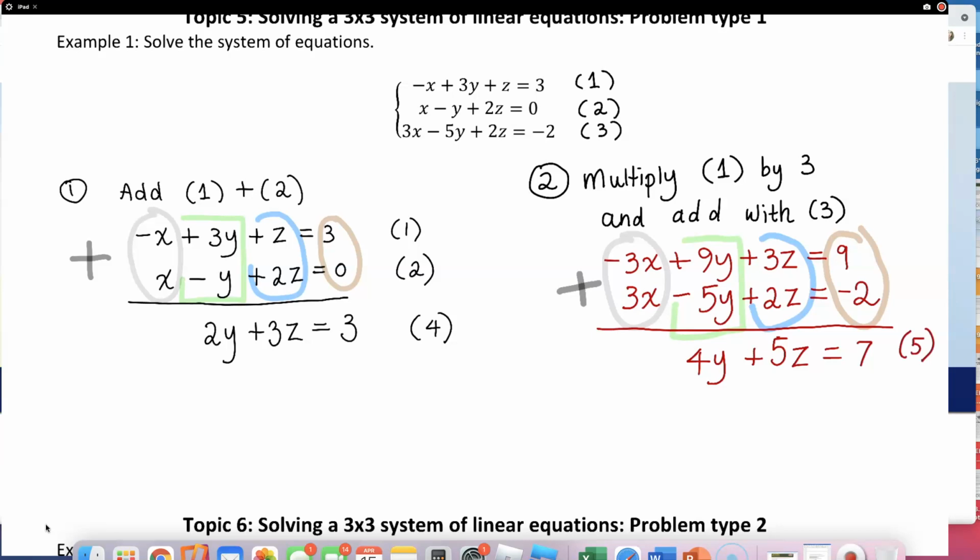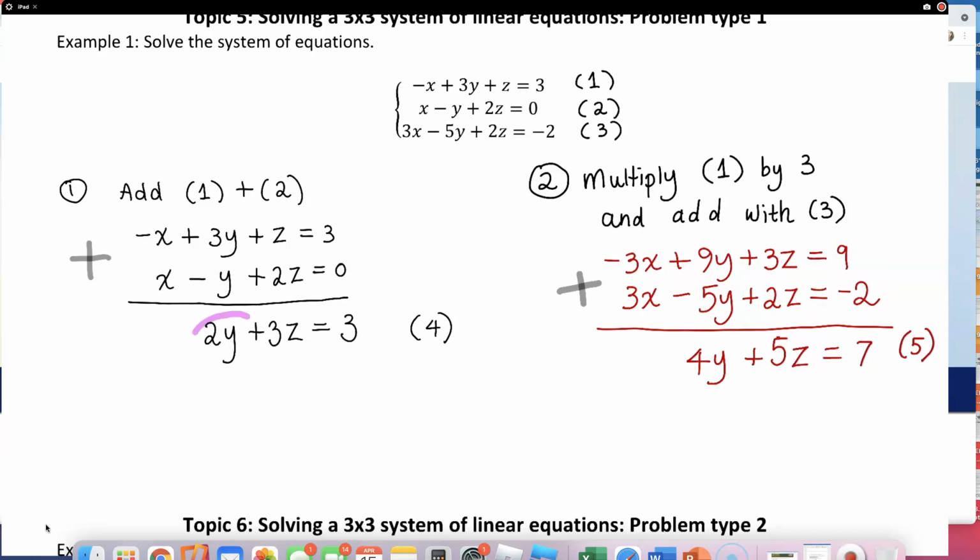So we started with 3 equations. They gave us 3 equations. But we created 2 more, right? We created 2 more. And what is significant about these 2 equations that we just created? I'm going to go ahead and get rid of some of these highlights so that you can focus on what is important now.